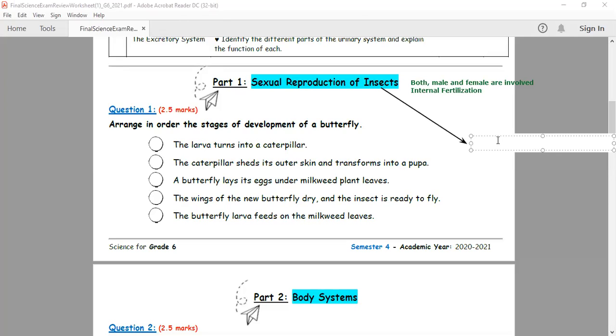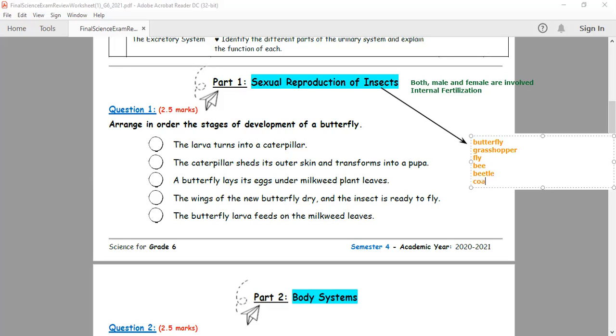Butterfly. Beetles. Bees. Grasshoppers. A fly.